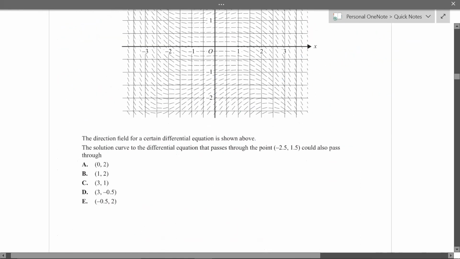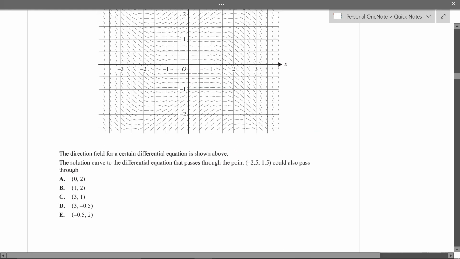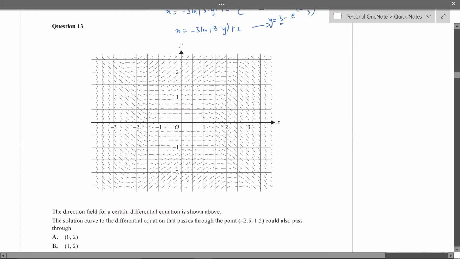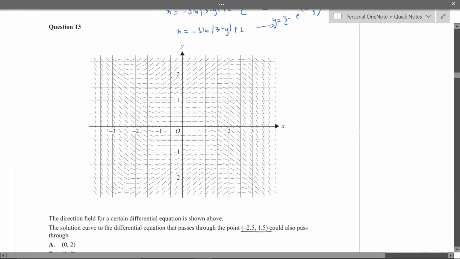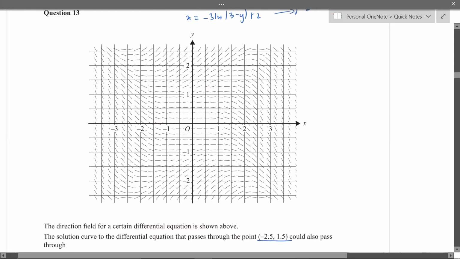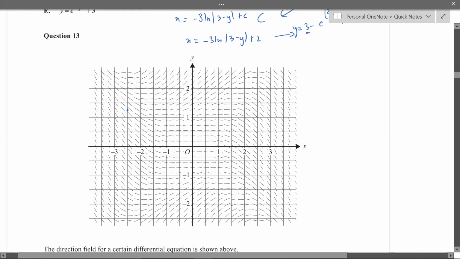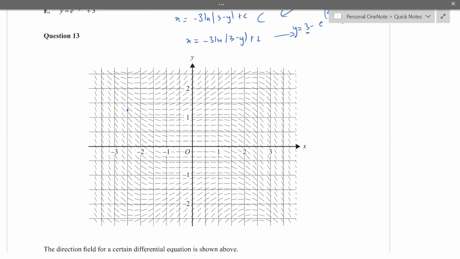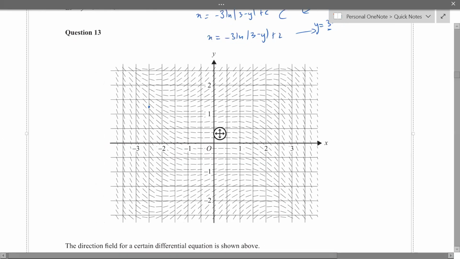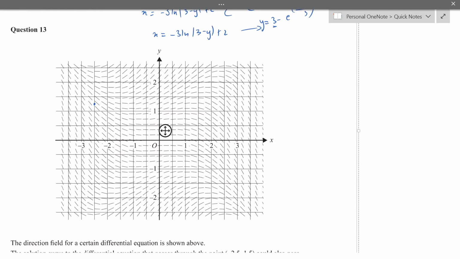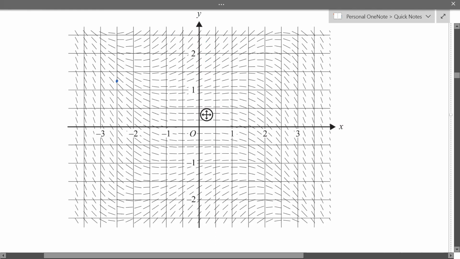So question 13, draw the solution curve for the differential equation at this point. So you find that point that's here-ish, and you just have to be very careful when you continue the graph, because if you muck up a bit, your answer is going to be very wrong. Oops, sorry, my laptop bits.